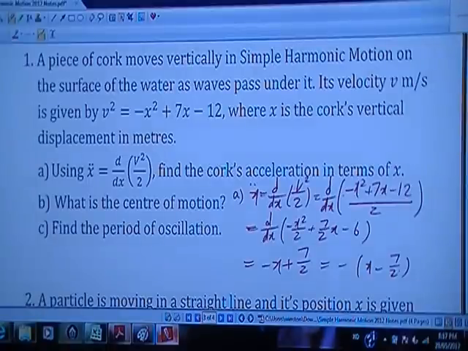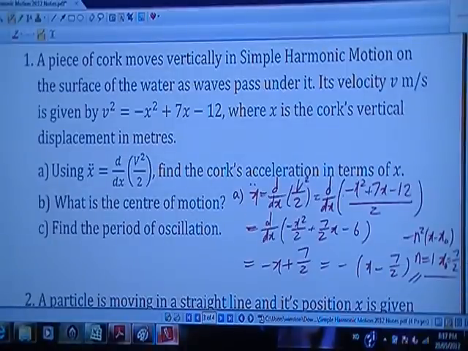So your x double dot is in that form, and that's what they want really. Now from here, remember, that is in the form minus n squared times x minus x naught. So from that, I can tell you already that n equals 1, and your x naught, your center of motion, is at 3.5, that is 7 on 2.